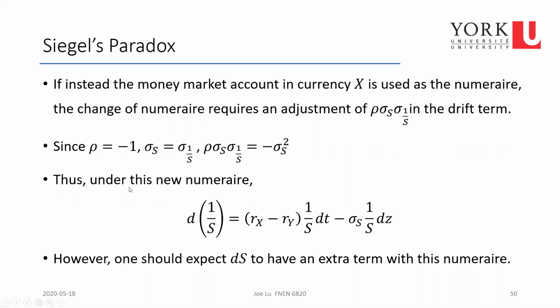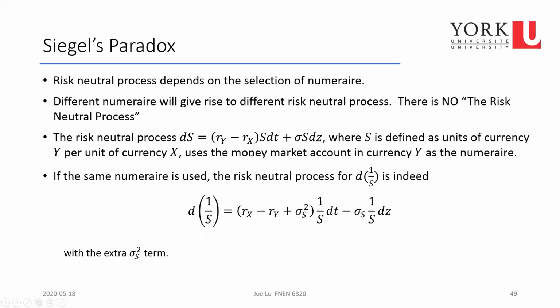So then if we do this adjustment factor change under the new numeraire, then you will be adding this minus sigma s square. So you have this positive sigma square there, then you adjust it by reducing this drift by minus sigma s square, so you'll get rid of this term here.